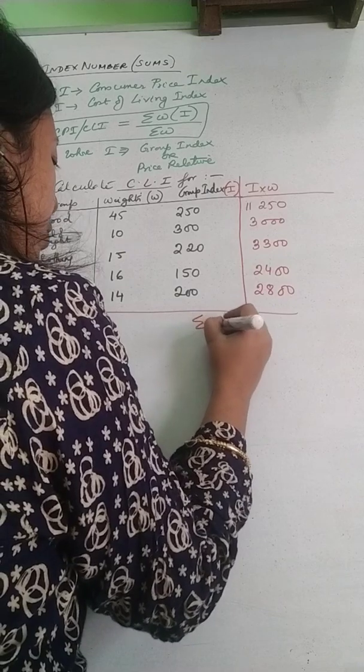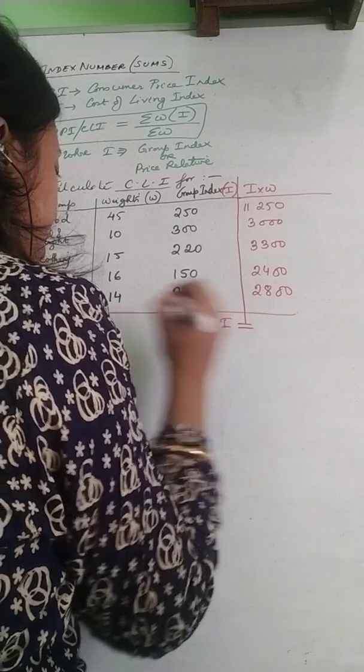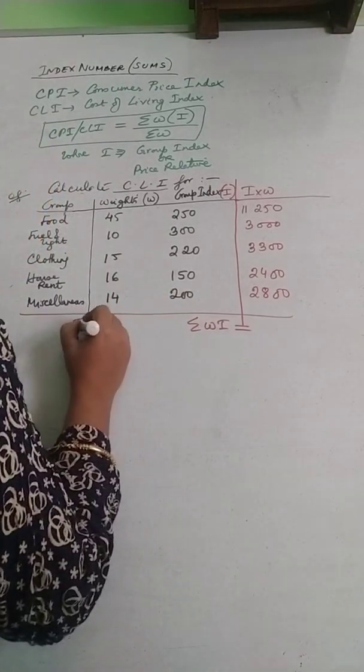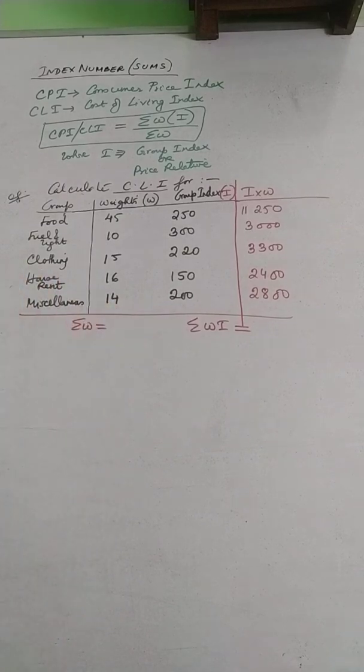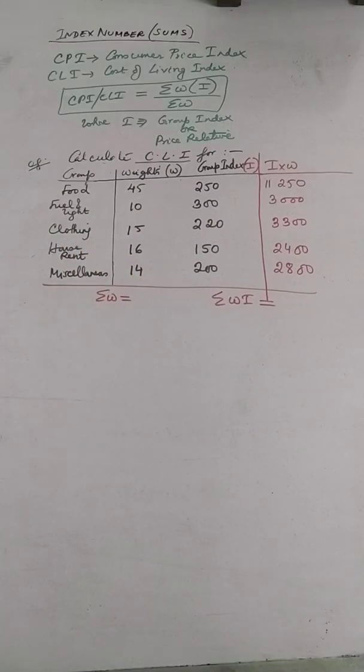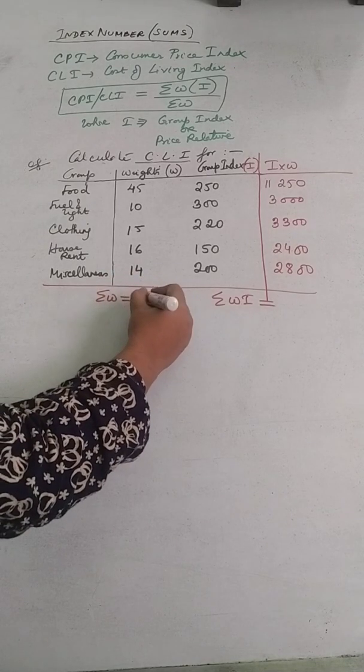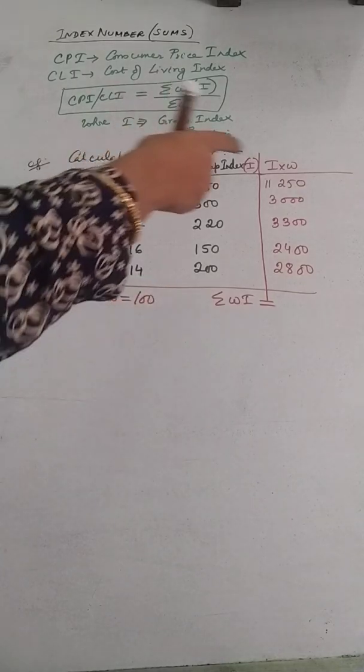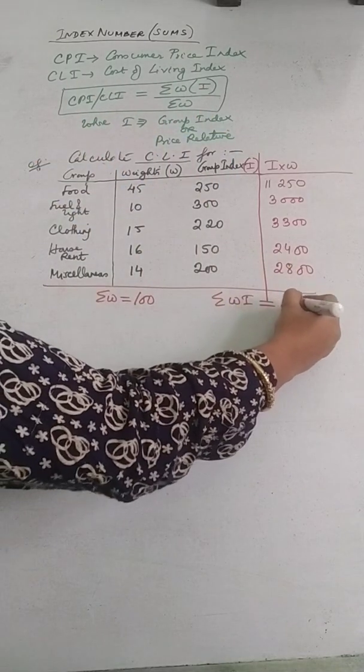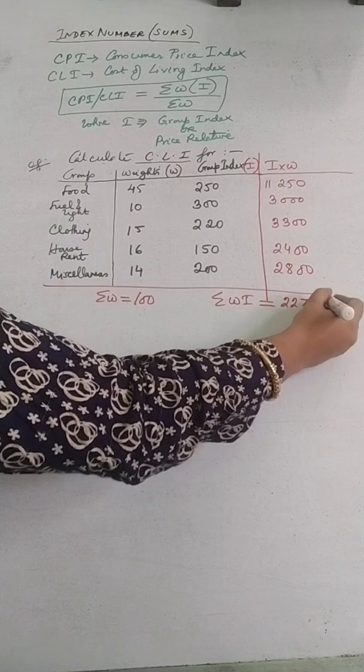So here you are doing summation WI, and here you need summation W, so we'll add it up now. Summation W is how much? 45 plus 10 plus 15 plus 16 plus 14 gives you 100. And summation WI gives you 22,750.